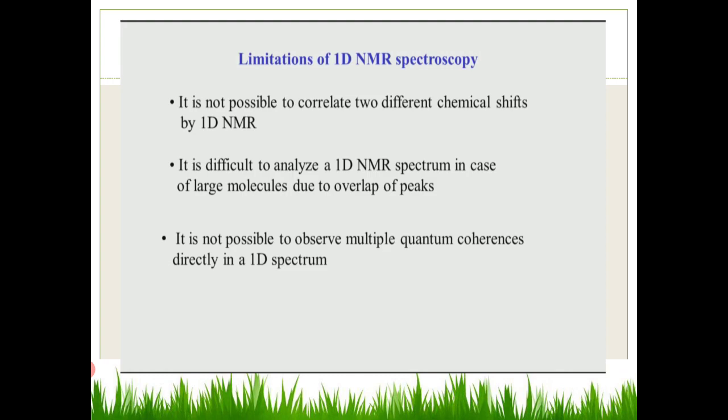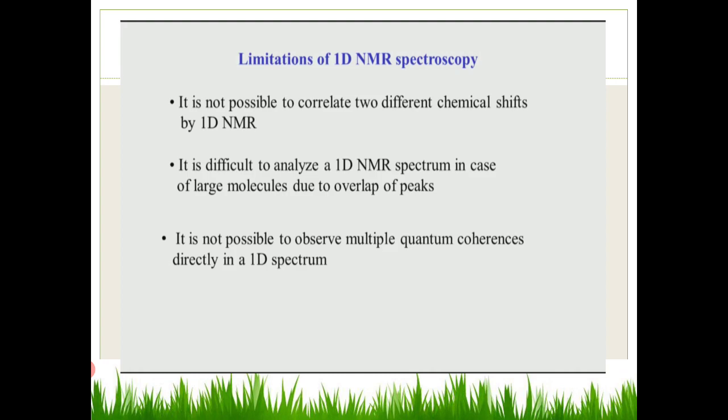If you take a huge molecule like a protein or DNA, taking the NMR spectrum is easy, but analyzing it is hard, because there will be a group of hills. You can't understand which peak belongs to which proton.